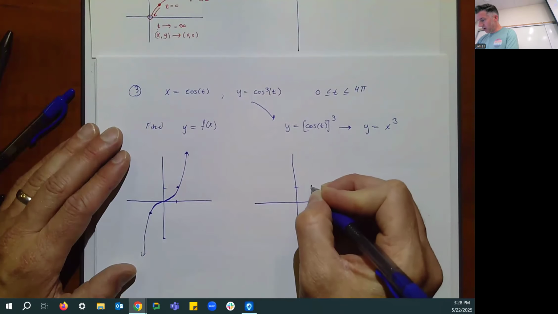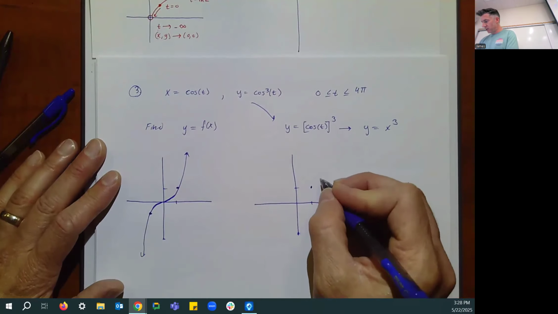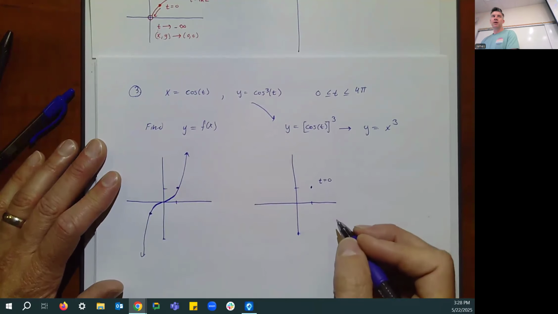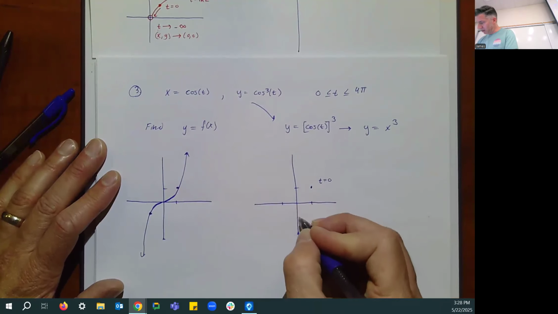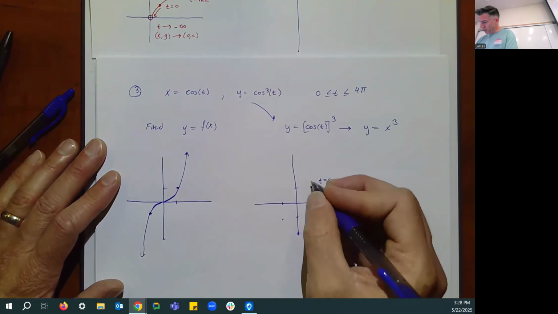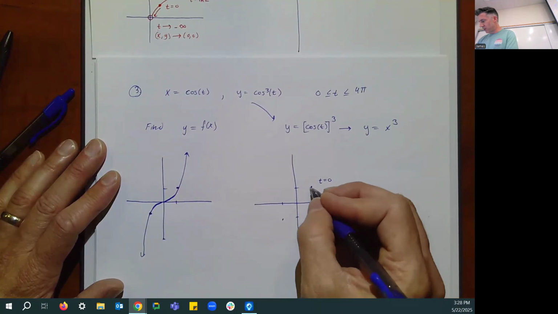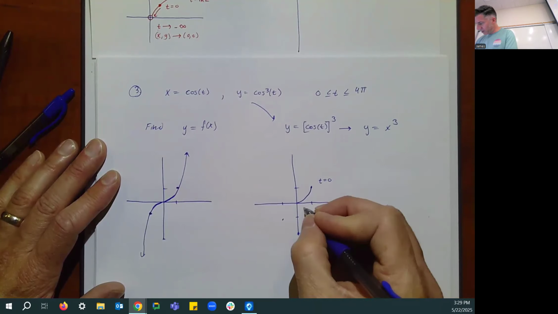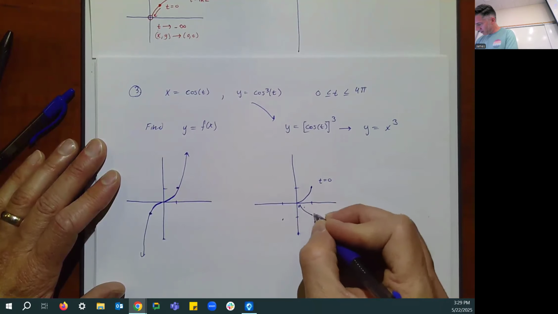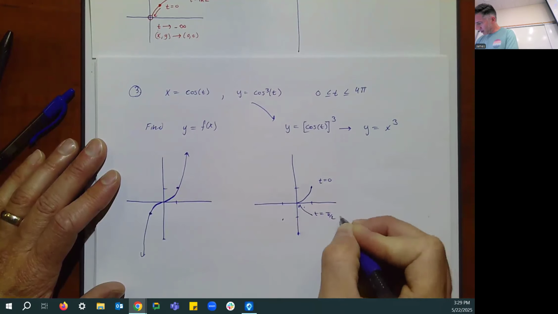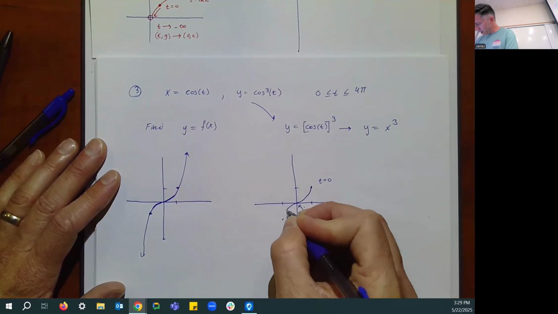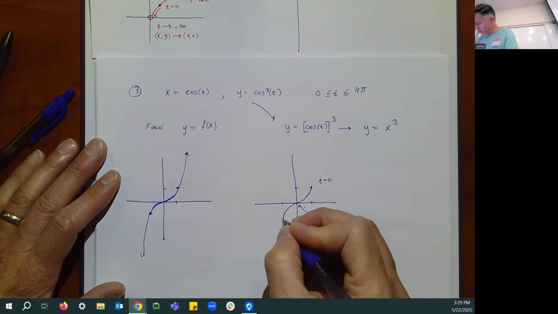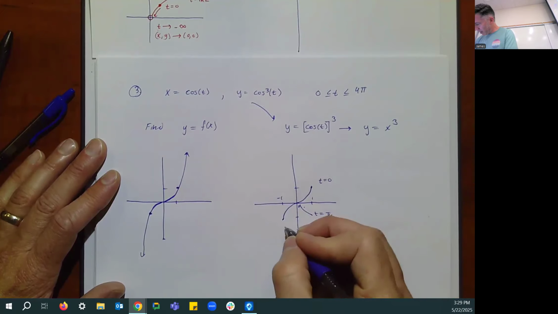starting at 1, comma 1 when t is equal to 0. And now this one's extra weird because it's going to go back and forth. It's going to go from 1, 1 at t equals 0, and then it's going to go down to 0, 0 at t equal to pi over 2. And then it's going to go down to -1, -1 when t is equal to pi.